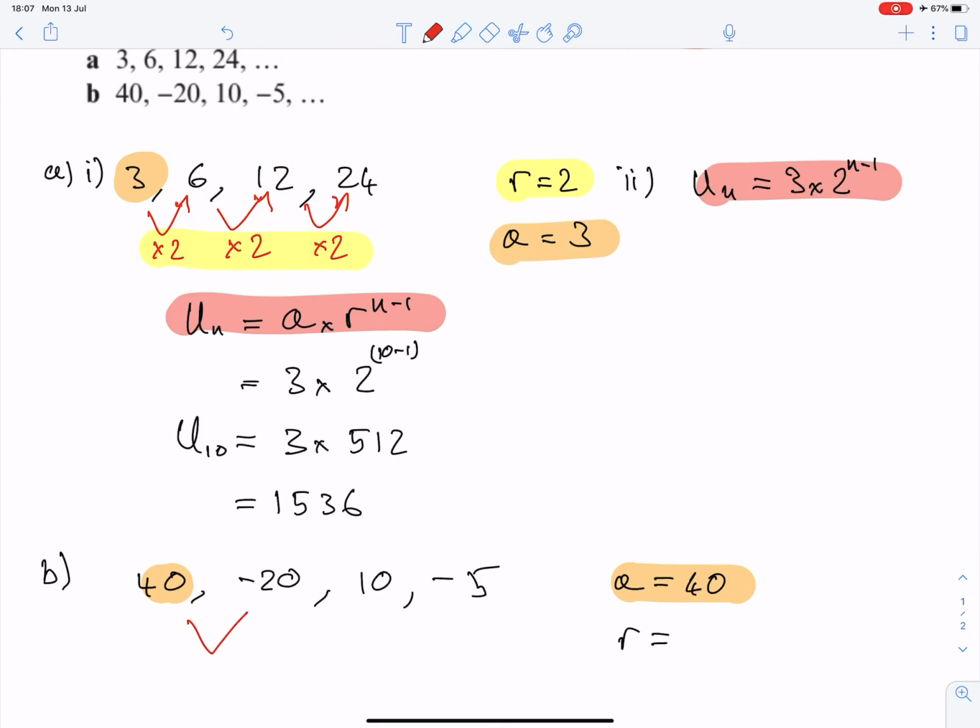So 40 to negative 20 is multiplied by negative, because the sign changes, a half. Sign changes, so it's got to be multiplied by a negative. 20 to 10 is a half. Sign changes, so multiplying by a negative, and 10 to 5 is a half.